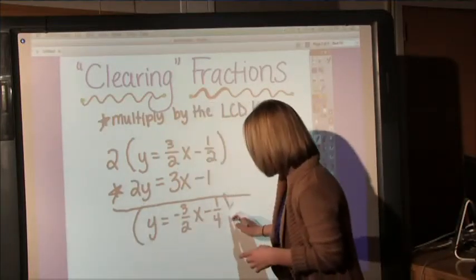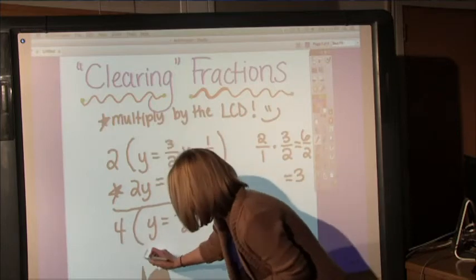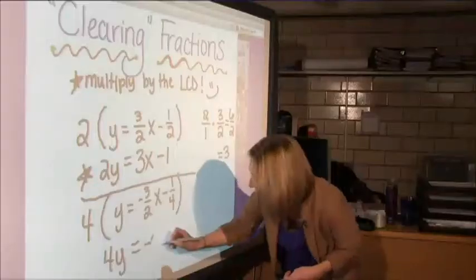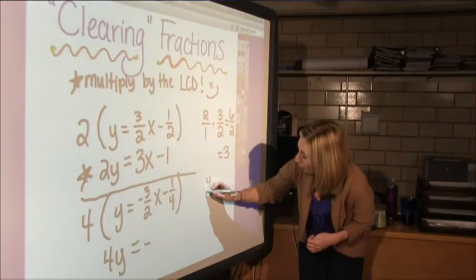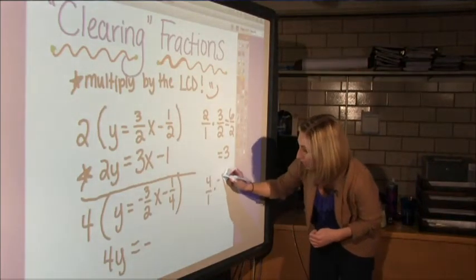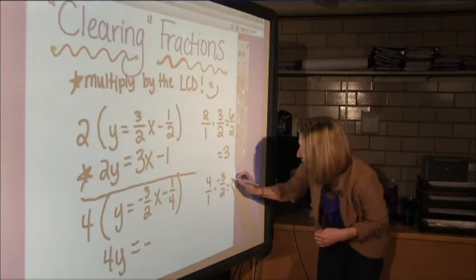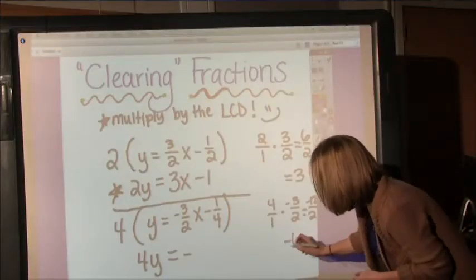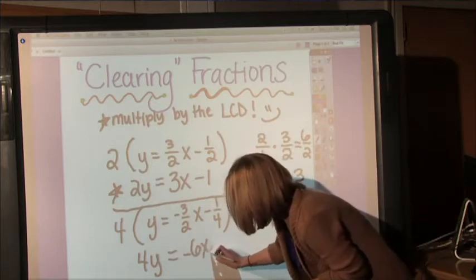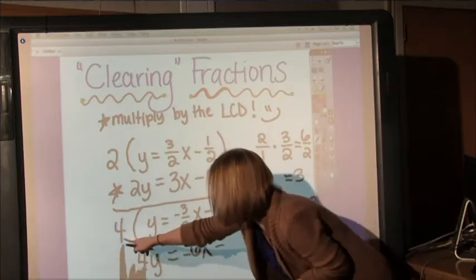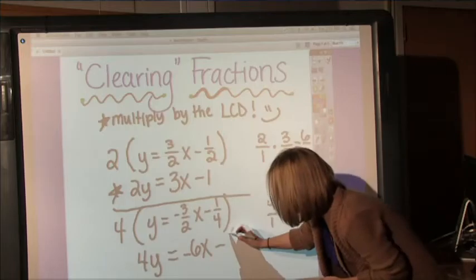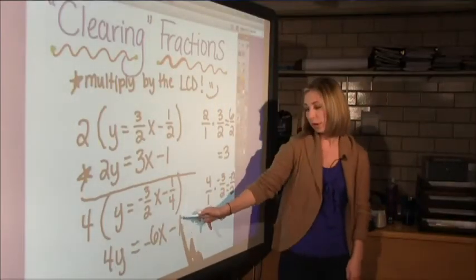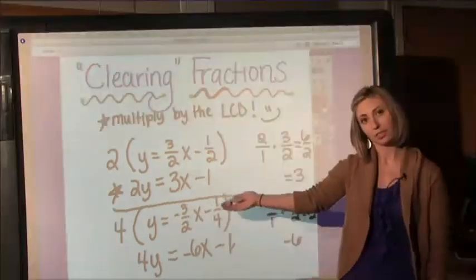So we'll multiply everything by 4, and we end up with 4y equals negative, and I'll show you over here. We have 4 over 1 times -3 over 2, which is -12 over 2, which equals -6. So we have -6x minus, and then 4 times -1/4 gives -1. So you have a nice equation to work with that does not have fractions.